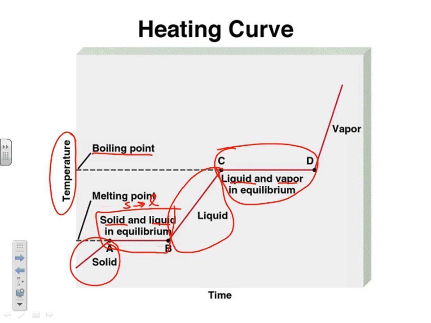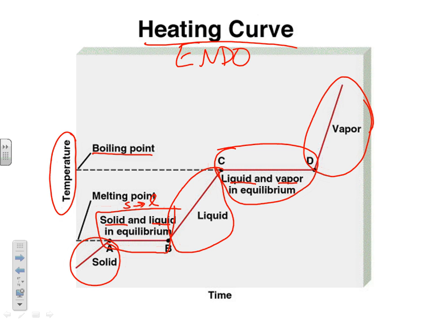And then the last portion, we have just the gas, just the vapor, and all the heat that's being added is going into increasing the average kinetic energy of the particles. This is a heating curve, so all of these processes are endothermic. All of them, and we are breaking IMFs at all of these phase changes.